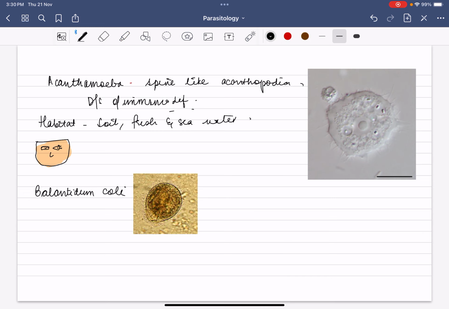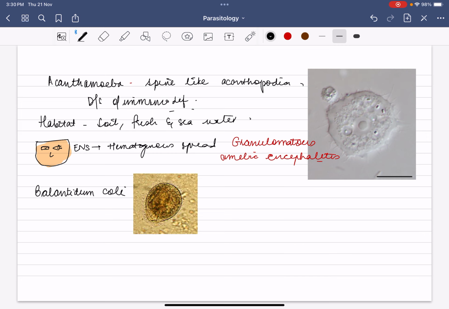Through these parts it enters, and via hematogenous spread it causes granulomatous amoebic encephalitis. Also, through the eyes it causes keratitis, especially in people who wear contact lenses.